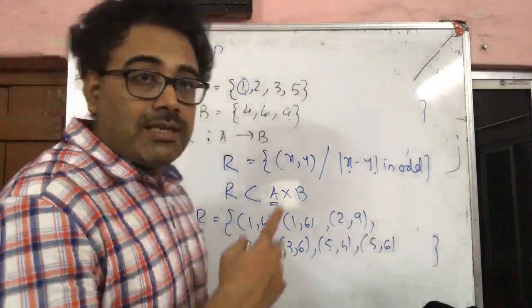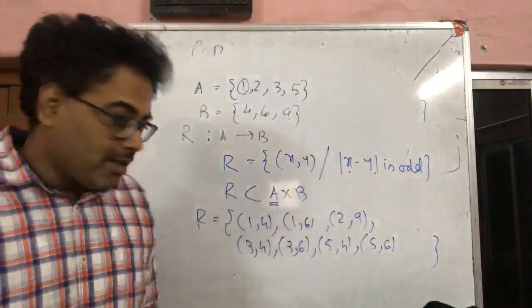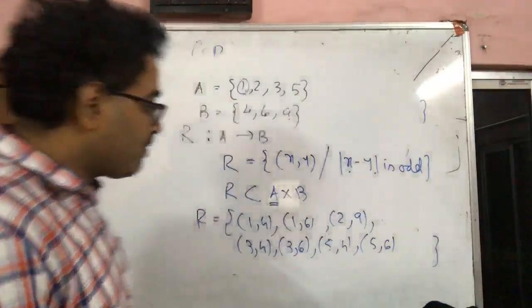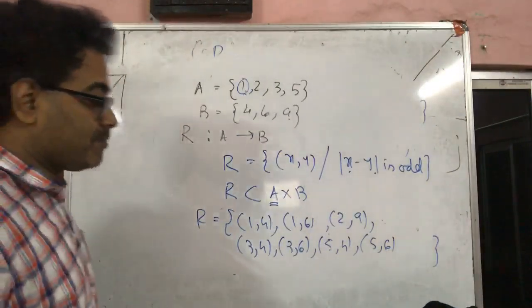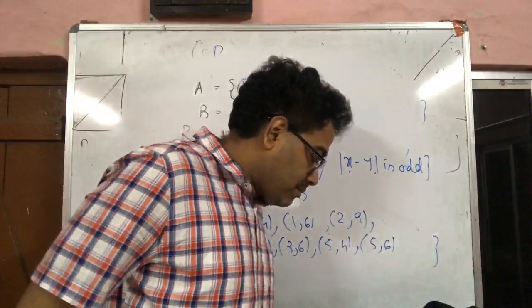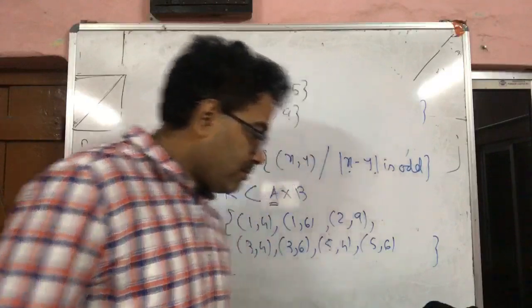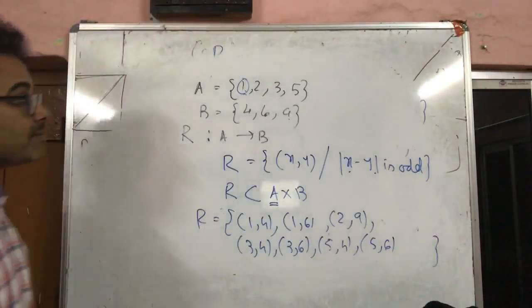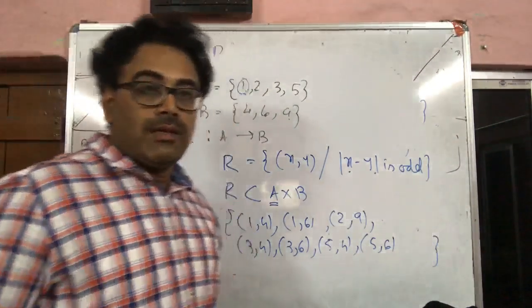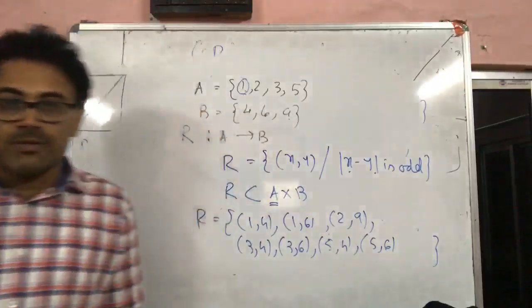Achha, how many relations are possible from A to B? Right? How many relations are possible from A to B? First think of A cross B, then tell the relations.